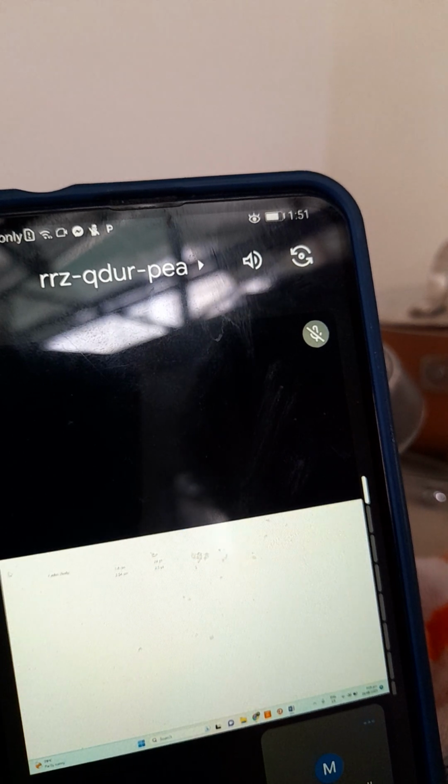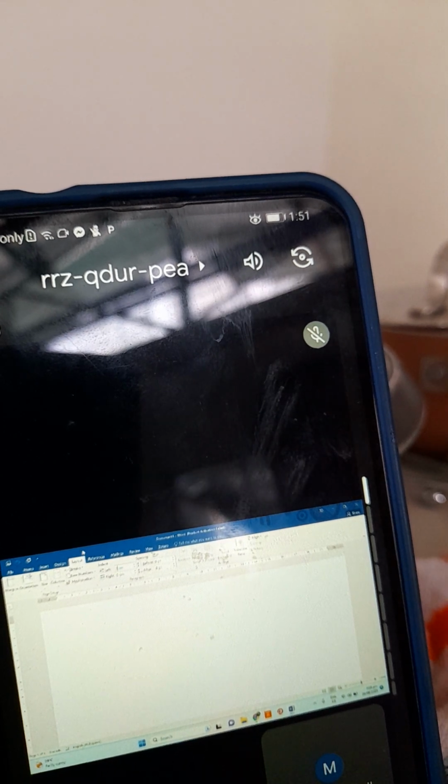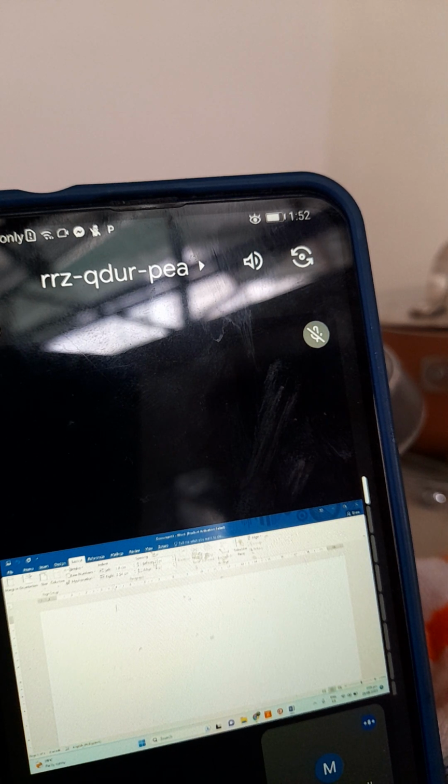Wait. Let's make a new one, so life is simpler. Layout, margin, customize. Here, it's still 2.54. You have to adjust here to 2.54 cm.